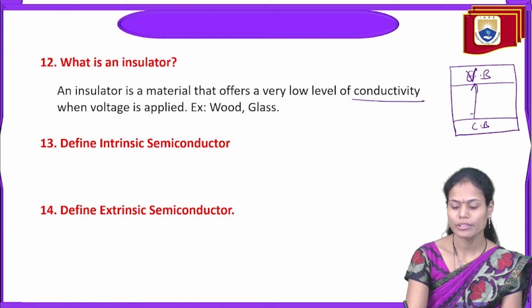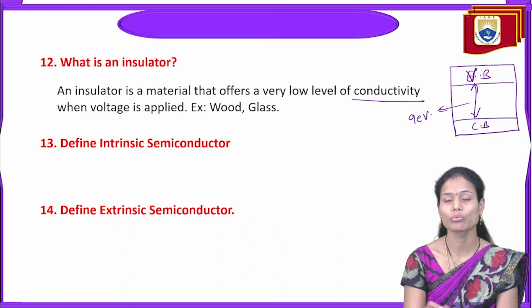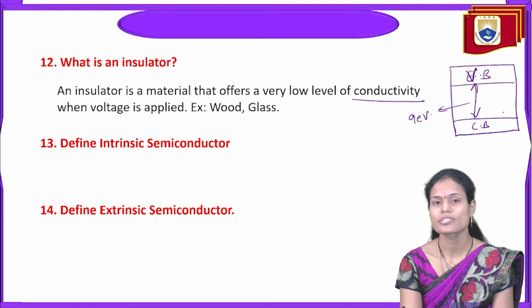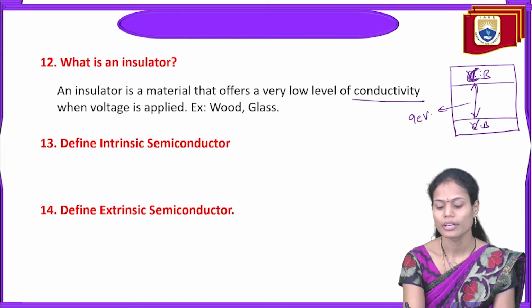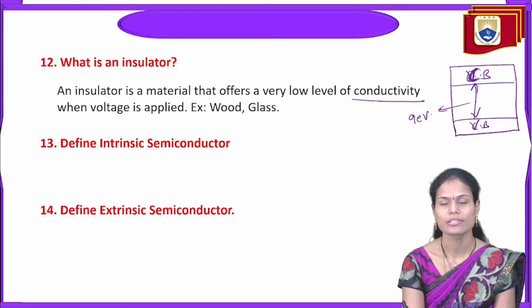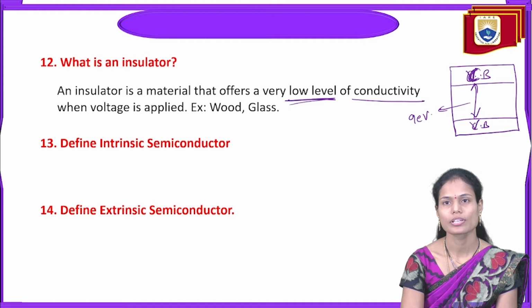The gap between the valence band and conduction band is 9 electron volts. It is very high. So there is less chance of electrons moving from the valence band to the conduction band because of this long gap between both the bands. Because of that reason, it has a very low level of conductivity. The examples for insulators are wood and glass.